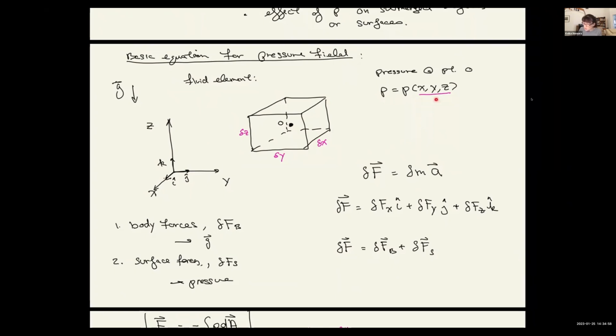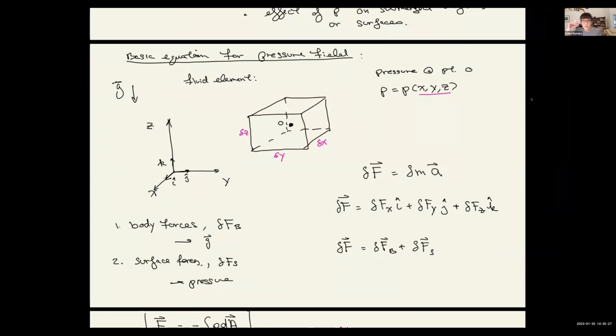And not only is the pressure going to vary, but we'll have the velocity of the fluid varying in space and time. So when we apply Newton's second law, we have to consider the forces. And again, the forces will be both body forces and surface forces. And we'll again consider body force due to gravity and surface forces due to pressure.